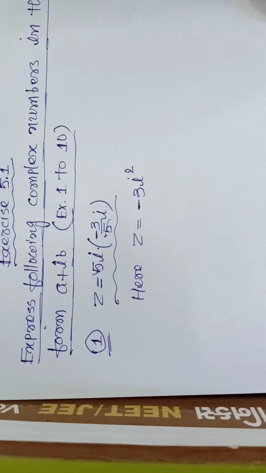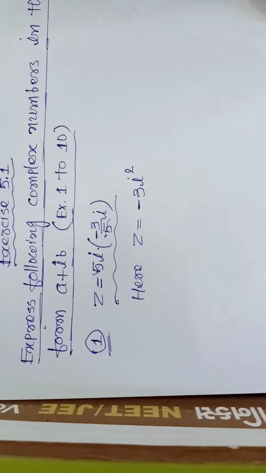So z equals i plus i cube. And what about i cube? I think you know what i cube is, right? I cube is minus i. I just write here, i cube is minus i square into i, that's why minus i, as we know from the powers of i. Therefore z is i minus i, 0.